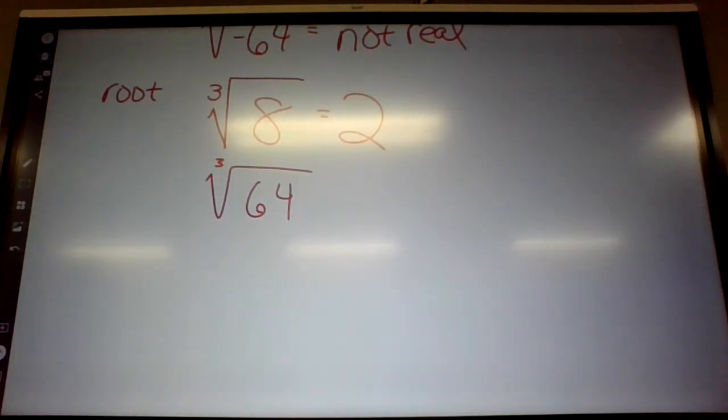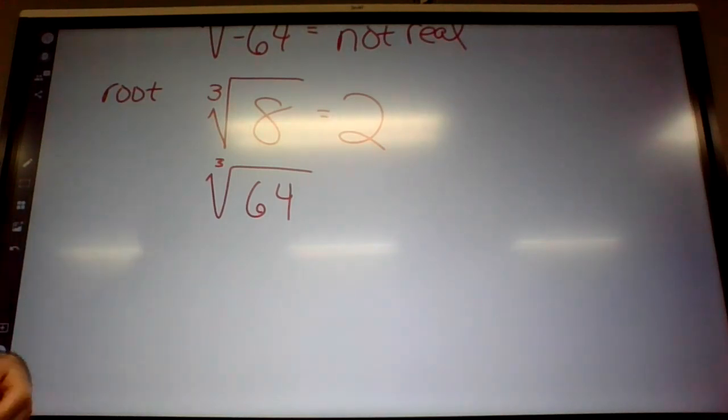You know how to plug a power in? You have to hit shift, Y to the X. I think you have to hit your root first, like 3, and then shift Y to the X, and then 64, and then equals. Or maybe it's 64 first.